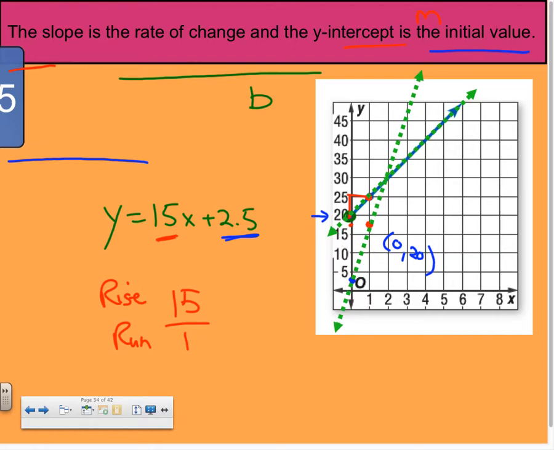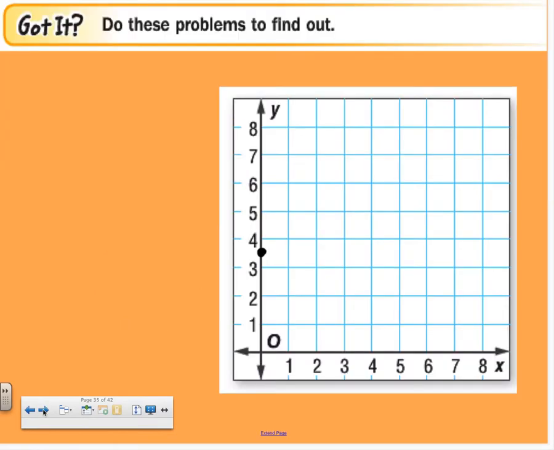We identified the slope and the y-intercept. We plotted the y-intercept on the graph, and then using that point, we're able to go rise and run to find another point. The last Got It is on the next page, 202. So try the last Got It very quickly, please.